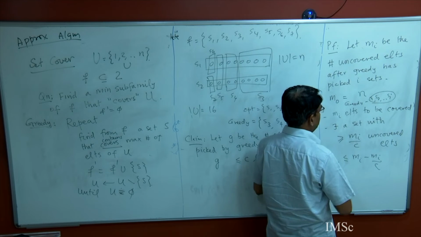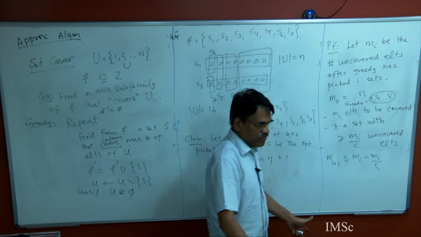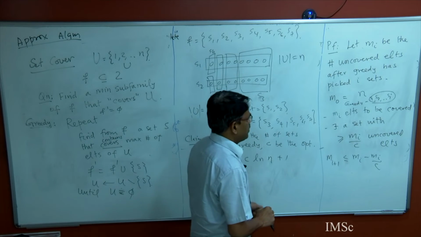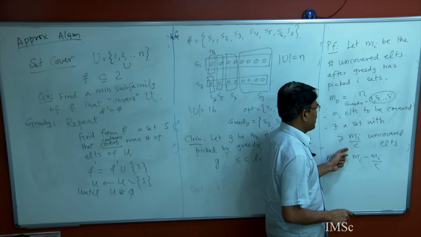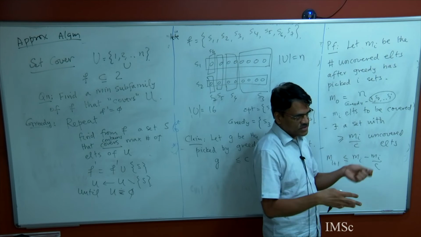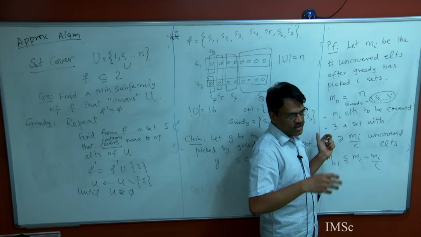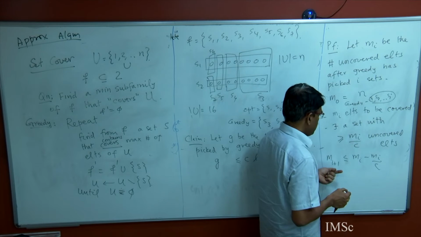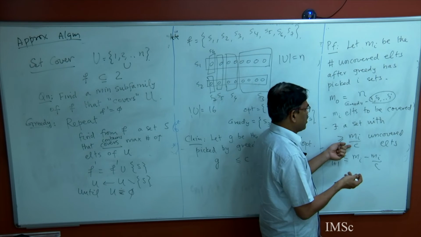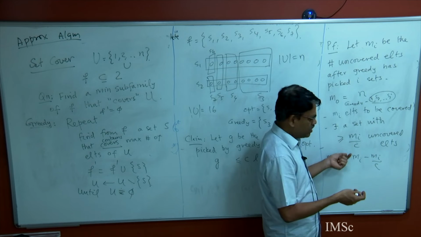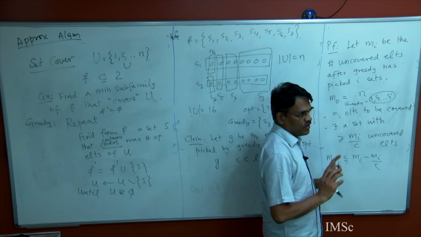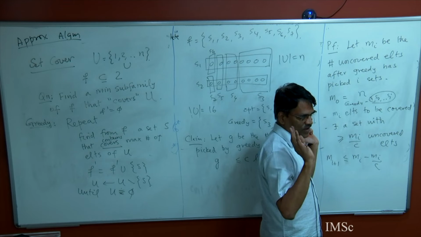Mi elements are to be covered, but they are spread over various sets. But there exists a set with at least Mi by C uncovered elements, because C sets are enough to cover the entire thing. So greedy will pick that set or even something with a larger number of elements. So what is left would be this. Okay, that is all I need. Now I am done.